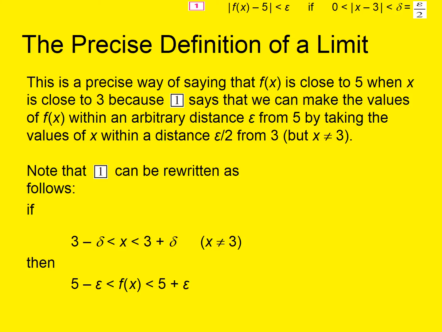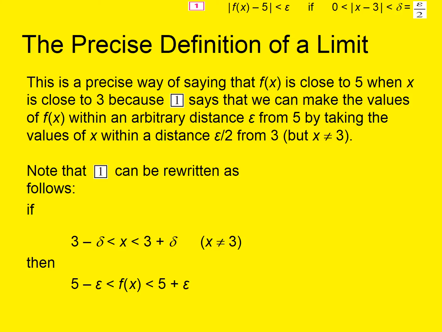Note that statement 1 can be rewritten as follows. Now we're going to say the same thing in a number of different ways. I encourage you to keep your concentration as you consider all of these different ways, because if you do that one time, then you will give yourself a chance to thoroughly understand the precise definition of a limit.